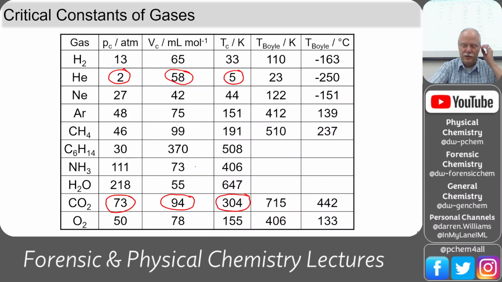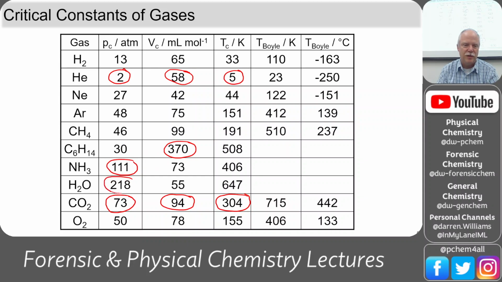So these are physical properties of molecules, and look how different they are. Some of them have a really high pressure, like ammonia, and some have a really high volume, like hexane. So it's really interesting to me to look at all these different critical constants. Here's water.